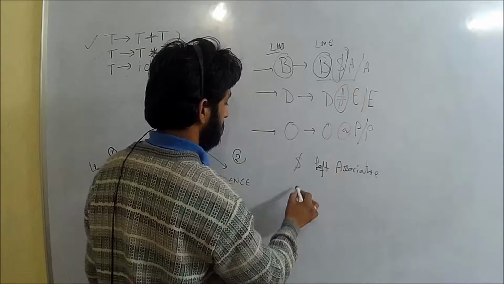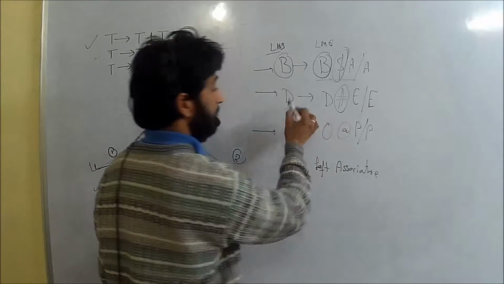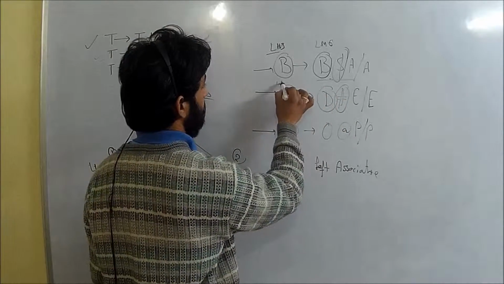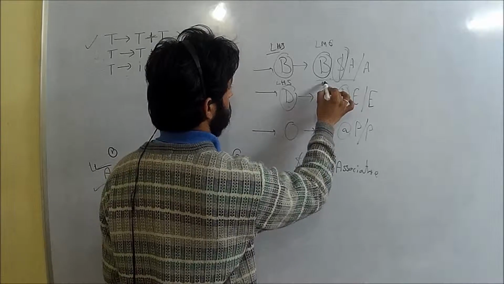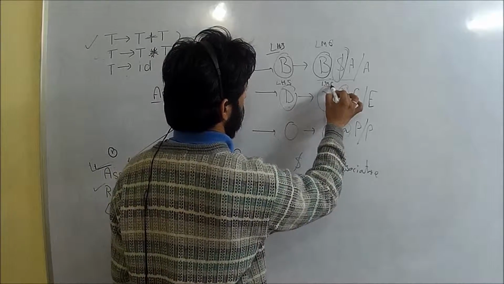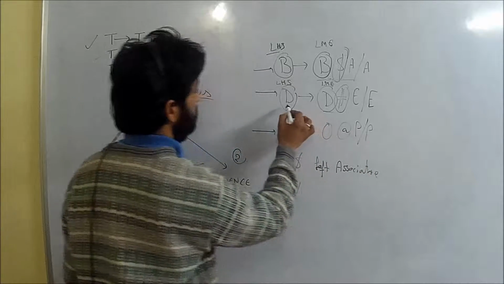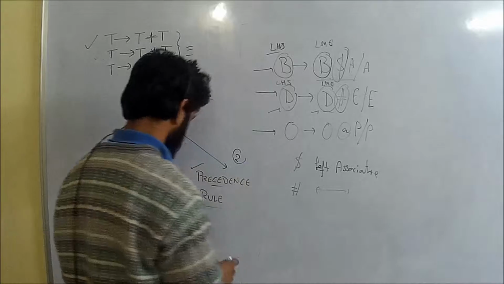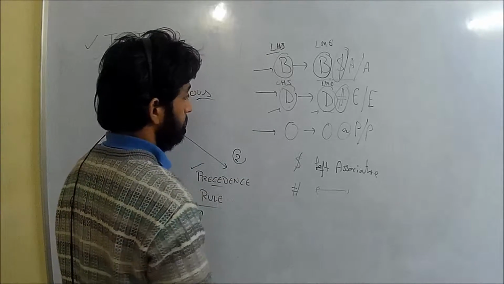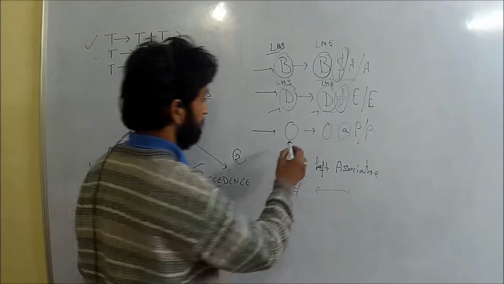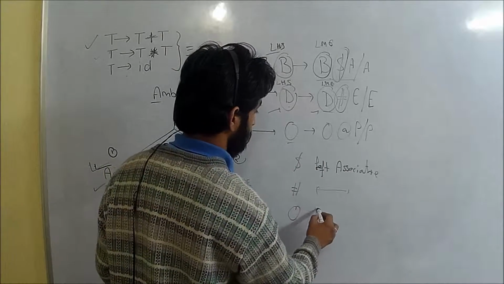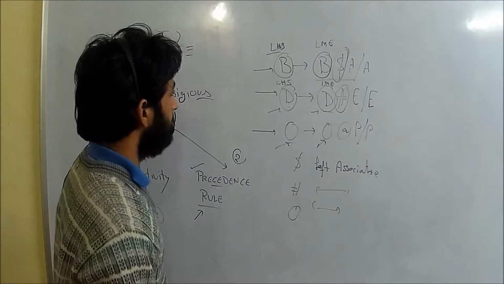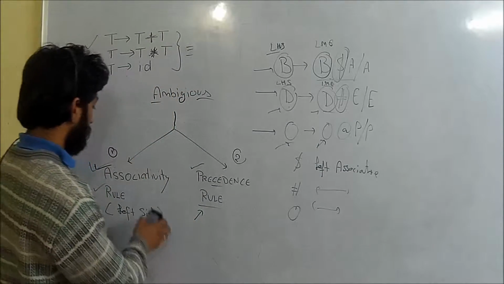Here hash is left associative because this and this, which means the left hand side is equivalent to the leftmost element of the production, which is D and D. This one is also left associative. Okay, so the same is here for O. O is also left associative because of this. Okay, so this is the associativity rule.